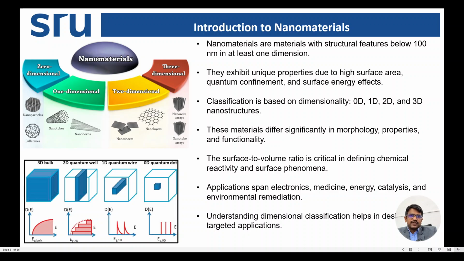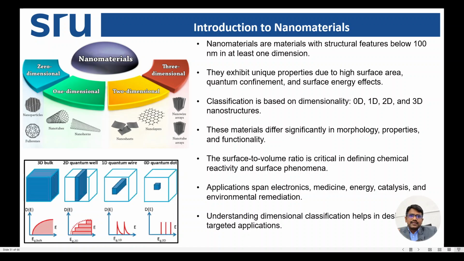Based on the dimensionality it will change, which finally affects the final application. So we need to understand the pros and cons, or the properties, of all these different types of nanomaterials, so that we can select a proper nanomaterial for our application.